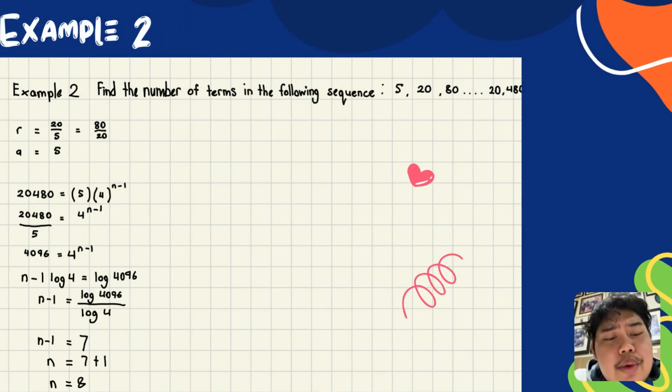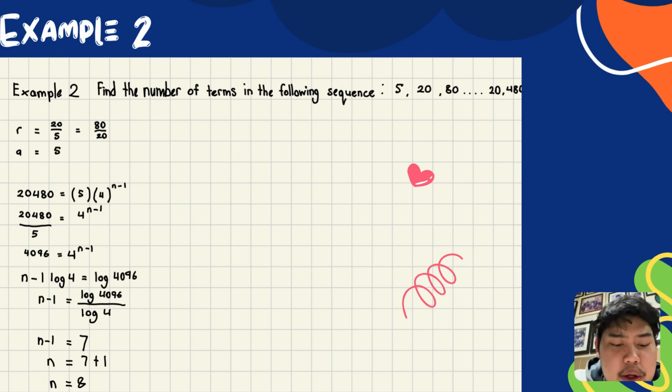Okay, now we're going to look at example 2. Find the number of terms in the following sequence, which is 5, 20, 80, up to 20,480. So as we know, our first term is 5, and our common ratio, by using the second term divided by the first term, we'll get 4.